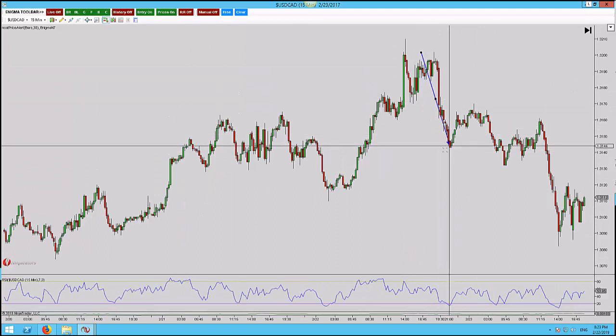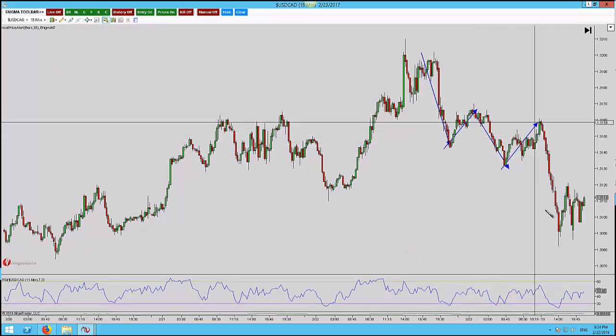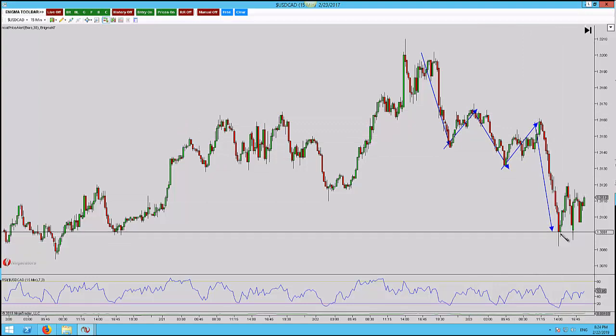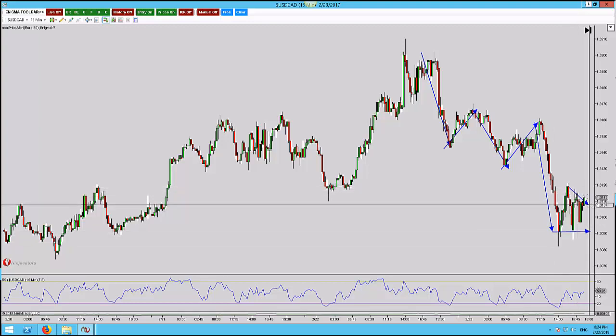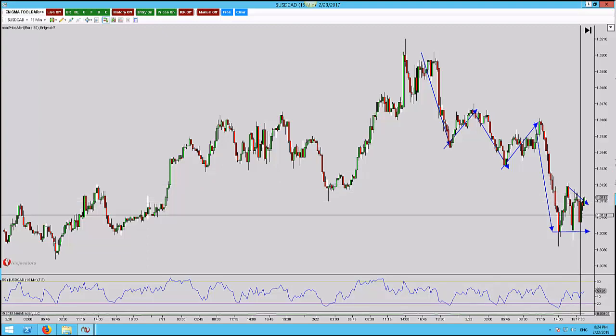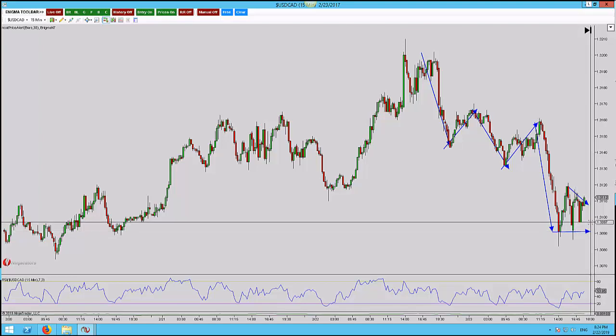So we've had some nice movement lower, pull back, lower, pull back, lower, and this could be a triangle. Could also be a double bottom. No, not a double bottom. Looking at the 240 structure, there's no structure there for it to be a double bottom.